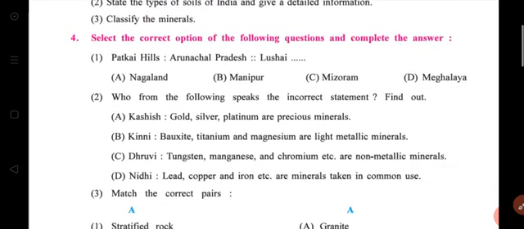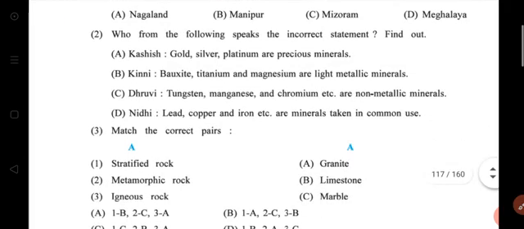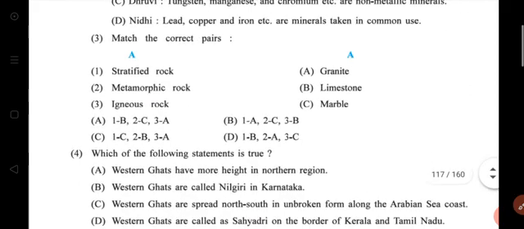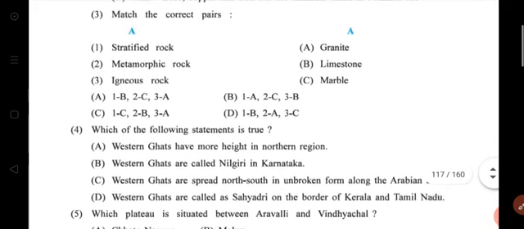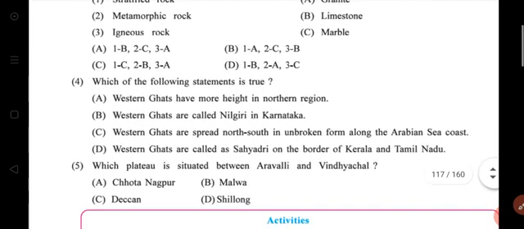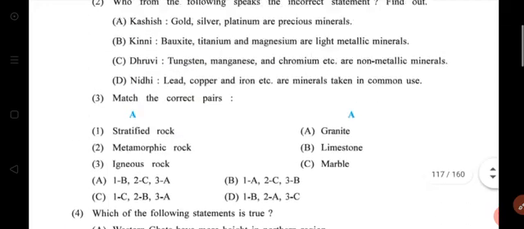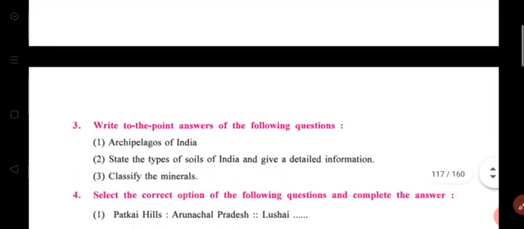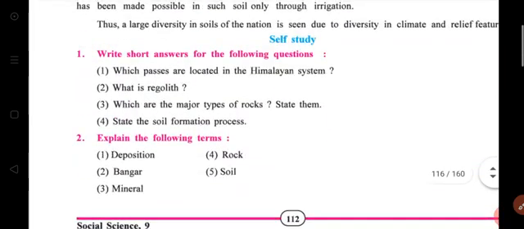So write the questions related to rock, minerals, and soil. Others you don't need. Okay? So second, third, fourth, fifth, you can write. Is it clear? Okay, good.